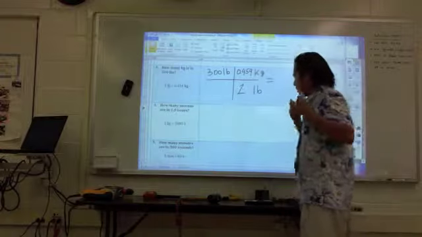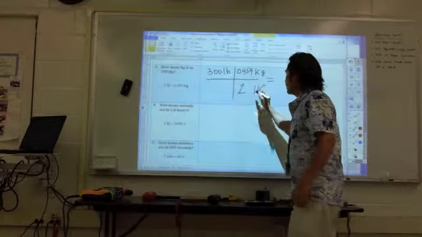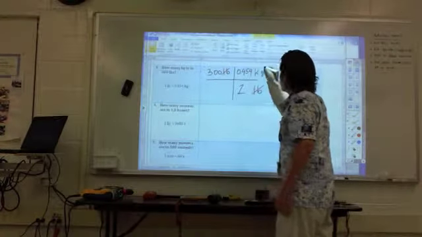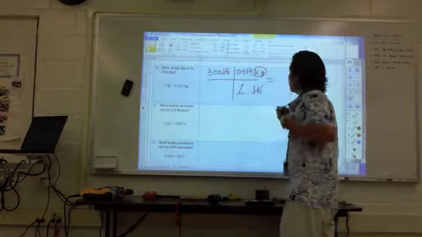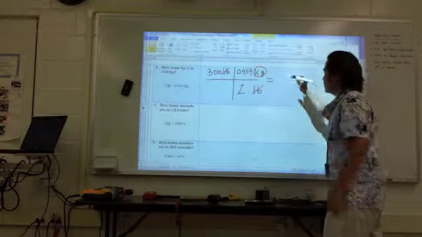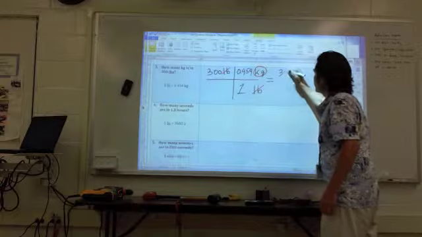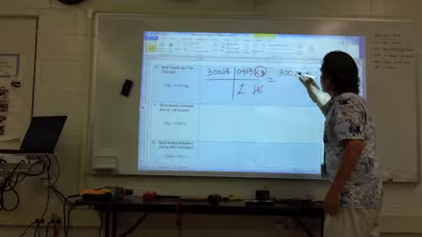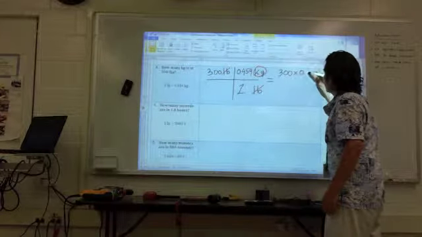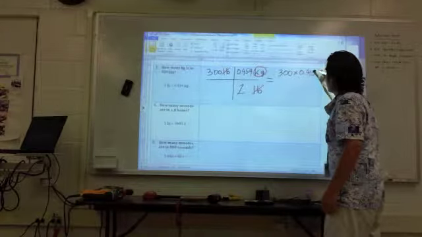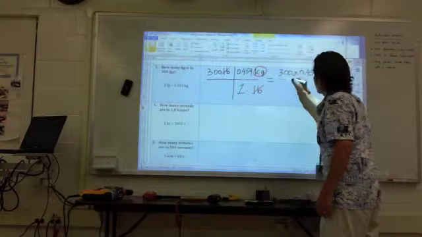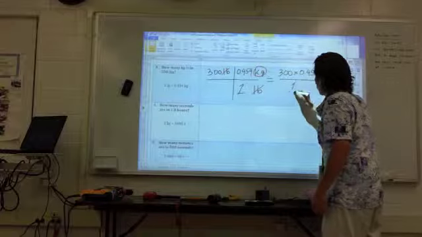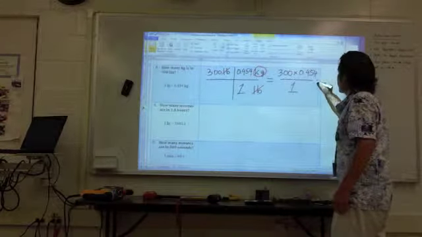Cross out like units, up and down. Identify what's left, kilogram. Combine numerical factors. Okay, and the unit is kilograms.